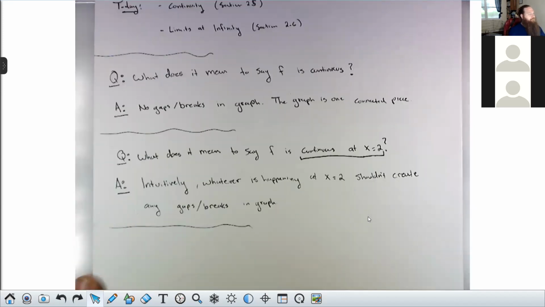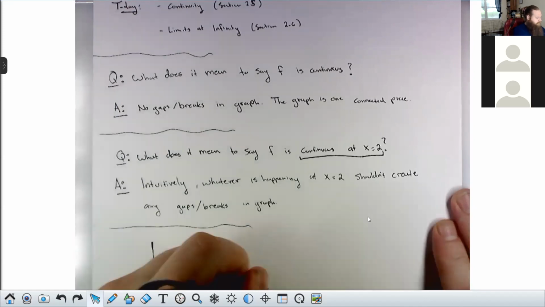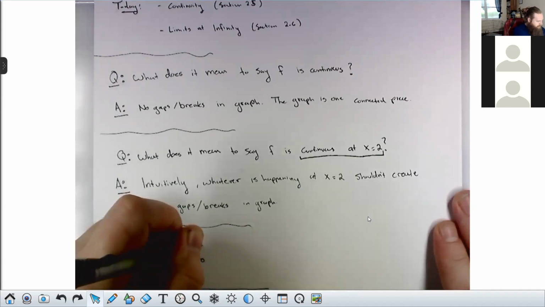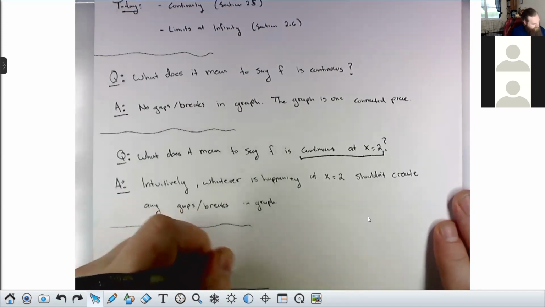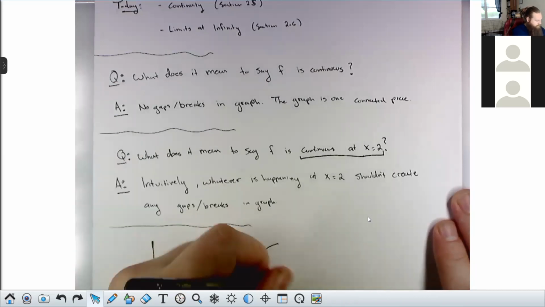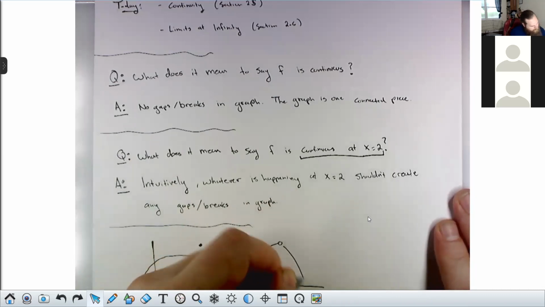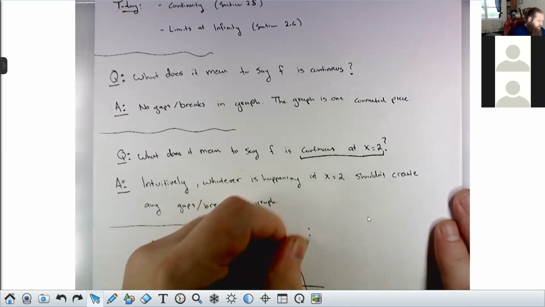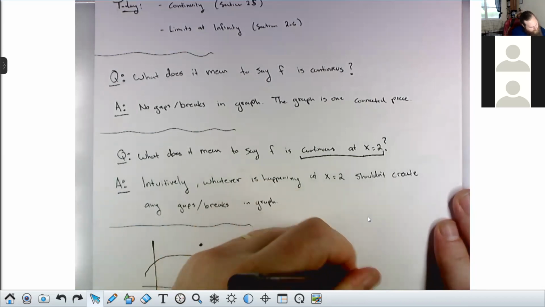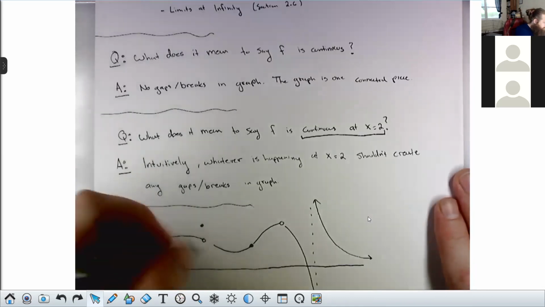So let me draw a picture here. Do we want to connect those?